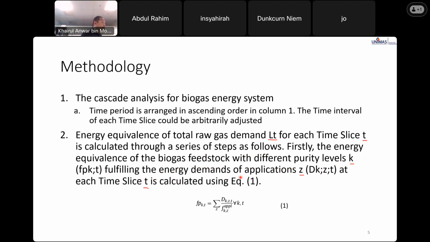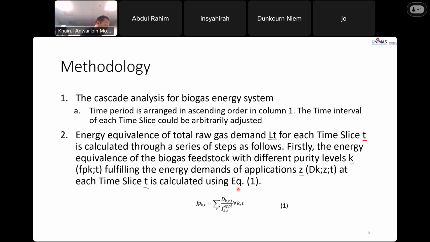Fulfilling the energy demand of application Z at each time slice T is calculated using equation 1, FPKT. So FPKT is equal to D.